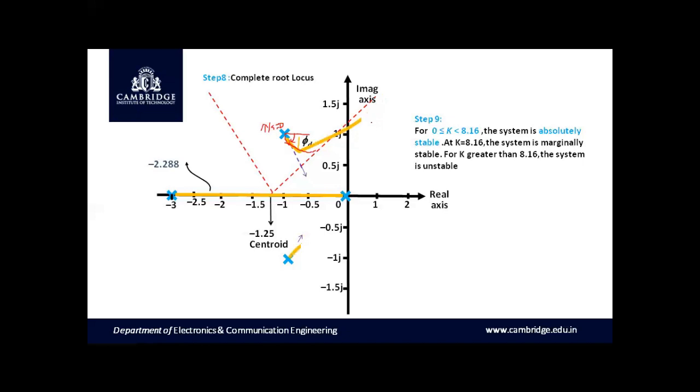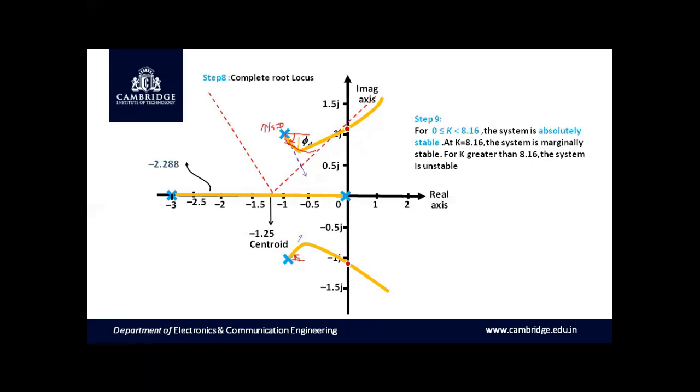And on the other side, for the complex conjugate pole at minus 1 minus j, the angle of departure is exactly at plus 71.56 degree. Therefore, the branches will be moving in the other direction, and both the branches will intersect the imaginary axis for a particular value of k equal to 8.16, which we call k margin.